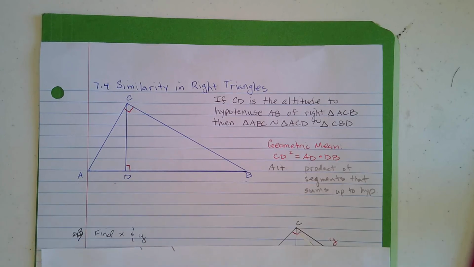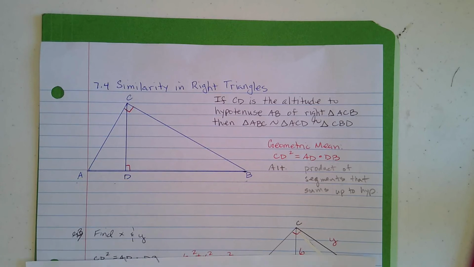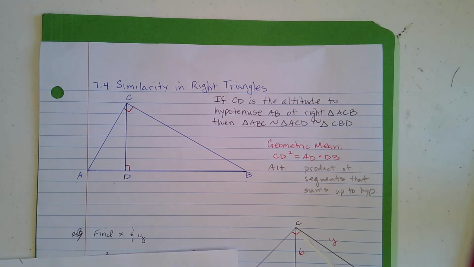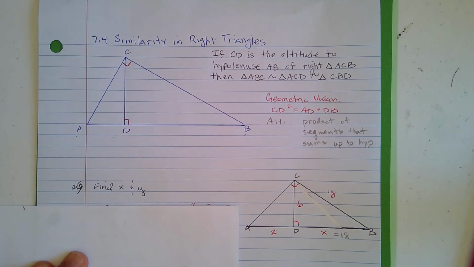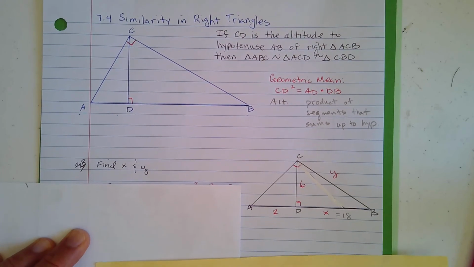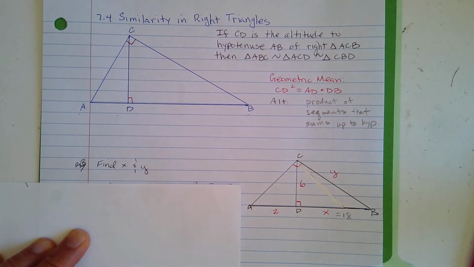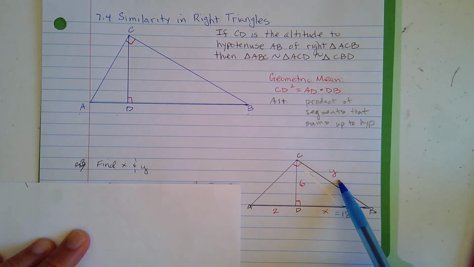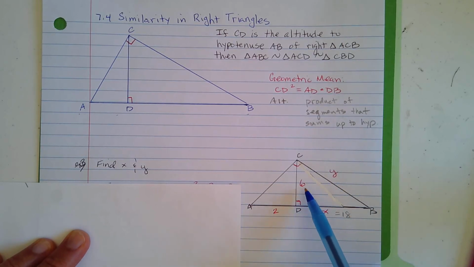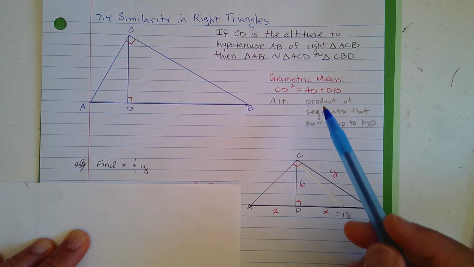Alright, so now next example. It wants us to find x and y. If we look at this picture here, x is here, y is here. So what I'm going to do is use the formula that we learned up here.